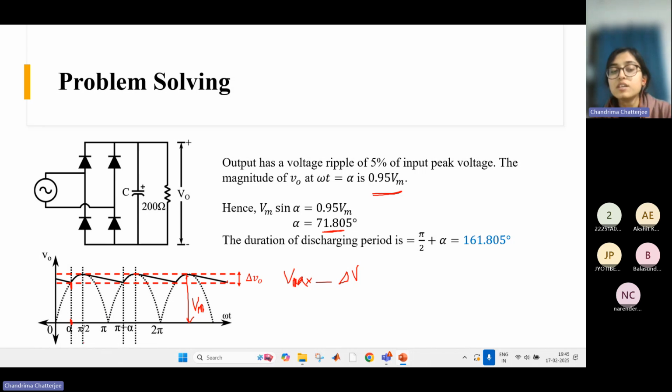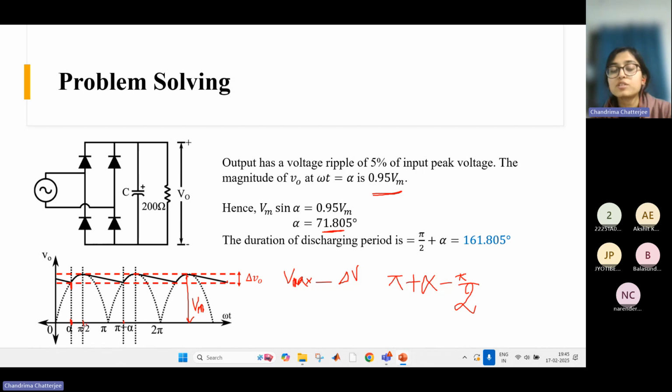So now we can find out the duration of discharging. What is the duration? It starts at pi by 2 angle and it ends at pi plus alpha angle. So the duration is pi plus alpha minus pi by 2, simply. Is it understood that already pi by 2 has occurred?